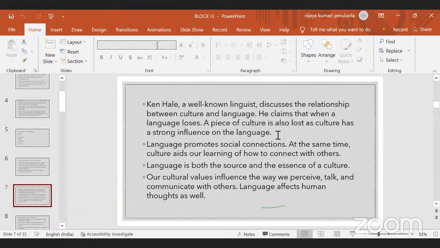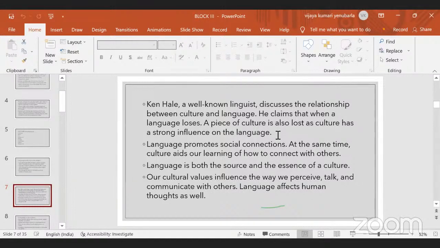Suppose now we are studying our ancestors' language, their pictographic representation. In the first class, we saw how they used to draw, the sculpture and all that. They used to draw little pictures. So that is a language encoded. Now we are able to read, even though there is no script.